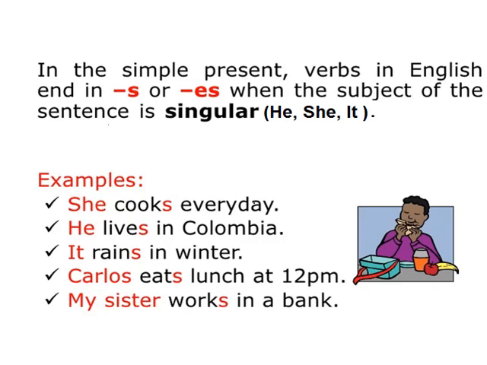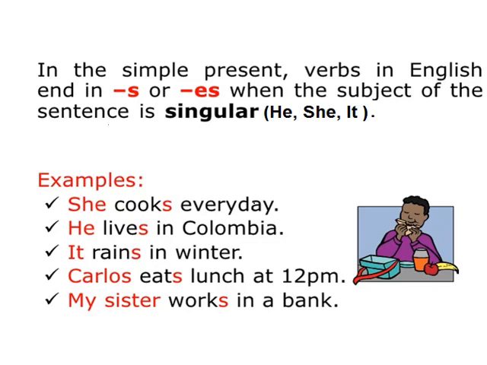You all know that it, he, she, these are pronouns. Subject pronouns. So let's come back to the sentence. It rains in winter. It is a singular subject. So we add s to the verb rain and write it down as rains.